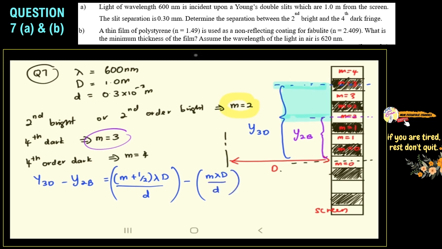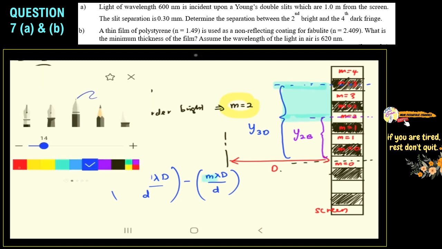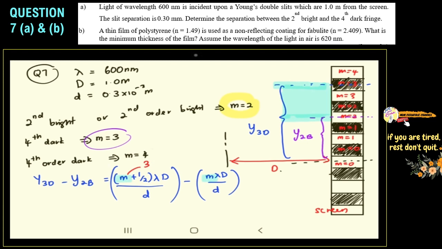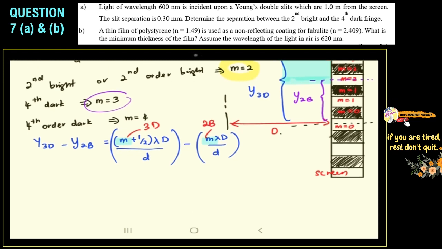Don't forget this value is 3 and this is 2, because this was dark, third order dark, and this is second order bright. So let's substitute all the values: m is 3 plus half, lambda is 600 nanometer.